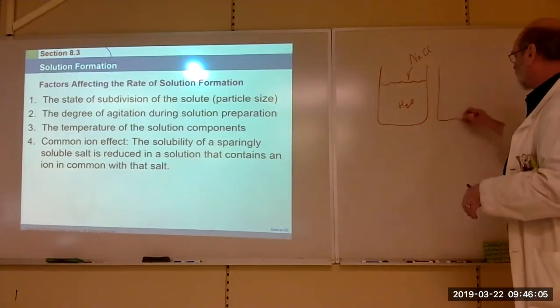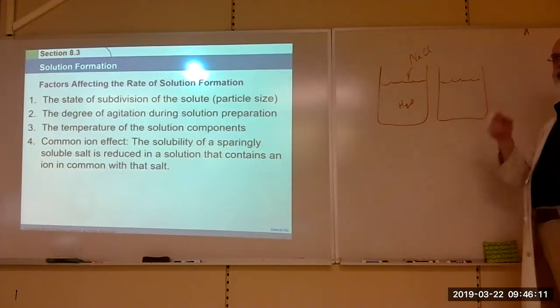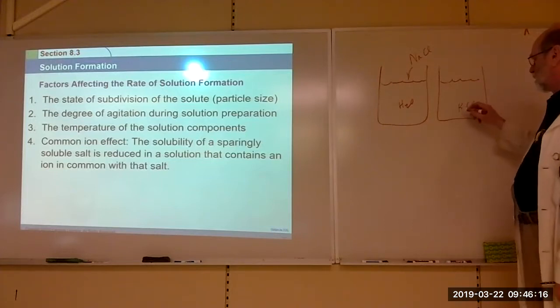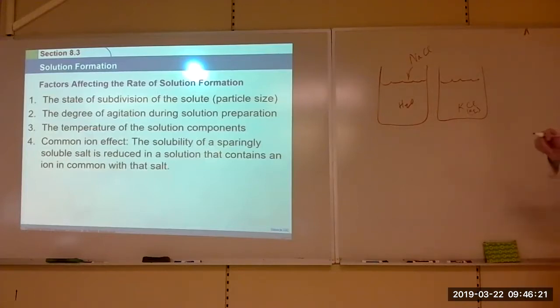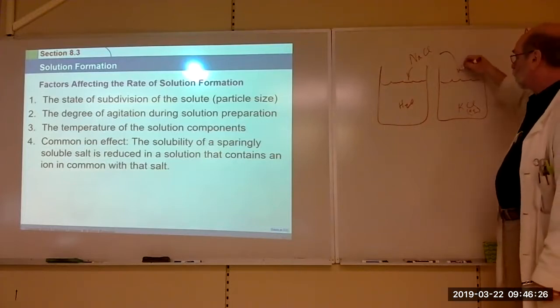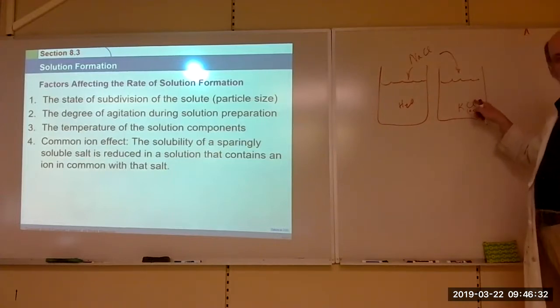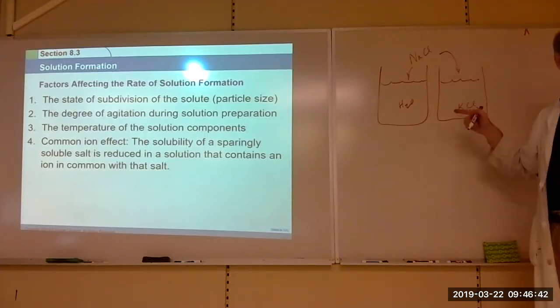But if we have another beaker over here, and you already have, say, potassium chloride already in solution, you've already got some chloride ions in there that are common to sodium chloride. So when you try to put sodium chloride in solution, the effect of these chlorides in here, the common ion, will reduce the solubility of sodium chloride in that solution. You won't get as much sodium chloride in this solution because it's already got some chloride in there.